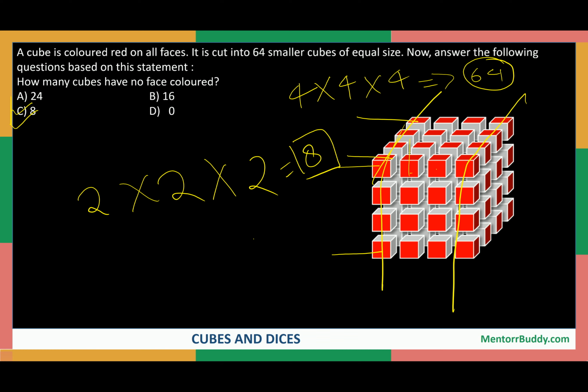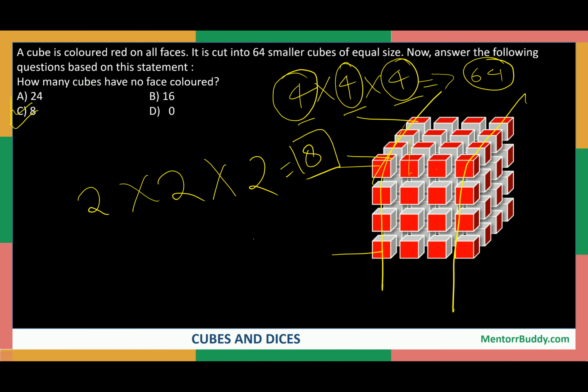So students, there is a concept behind how to do this type of question. Whenever you need to find how many cubes have no face colored, what will you always do? Whenever the number of cubes in the length, breadth and height is given, remove 2 cubes from the length, remove 2 cubes from the breadth, and remove 2 cubes from the depth.